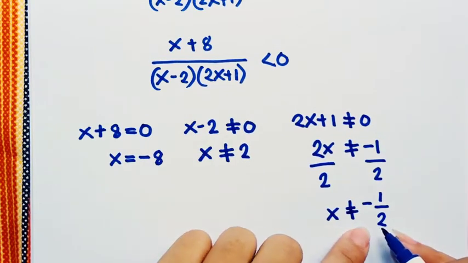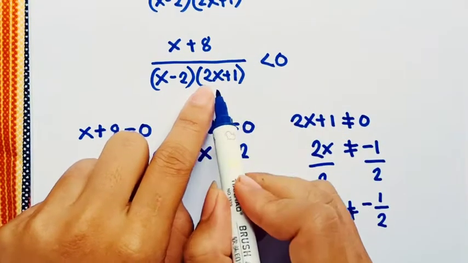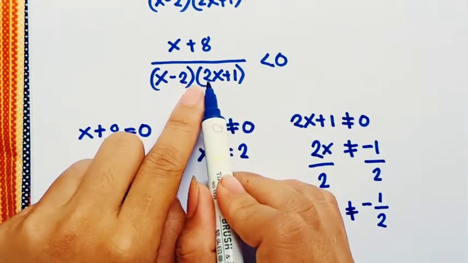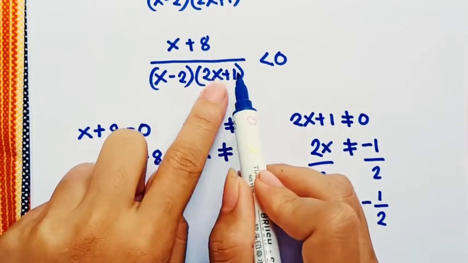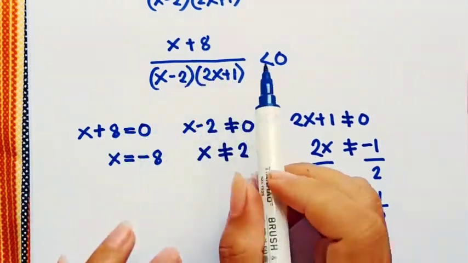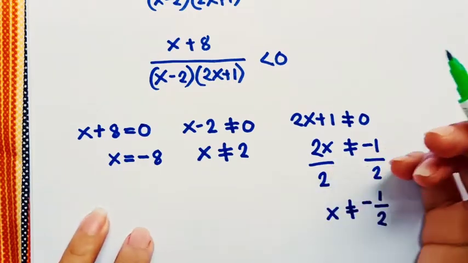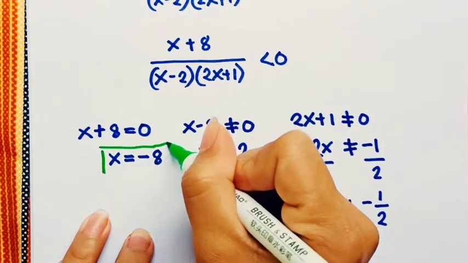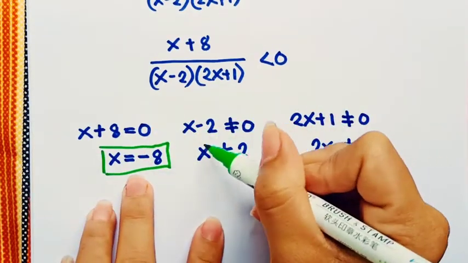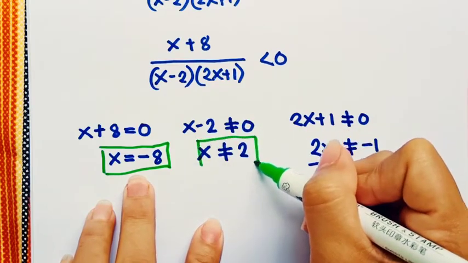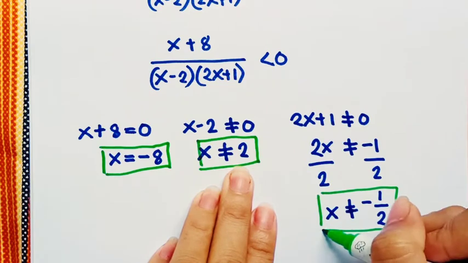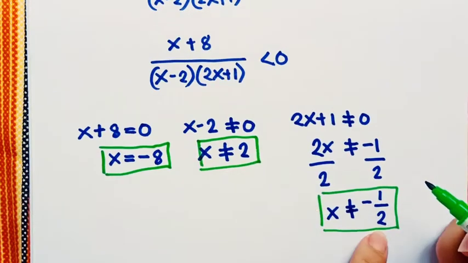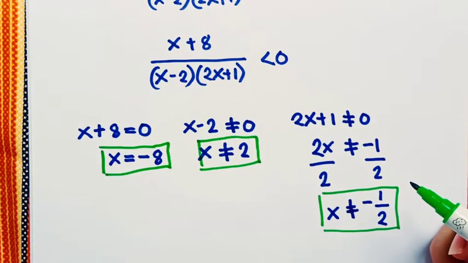Kung negative 1/2 siya, mahimo man siyang negative 1 plus 1, ma-0. Kung ma-0, dili siya pwede, mahimo siyang undefined. So, ang mga critical points, guys: x is equal to negative 8, x should not be equal to 2, and x should not be equal to negative 1/2.